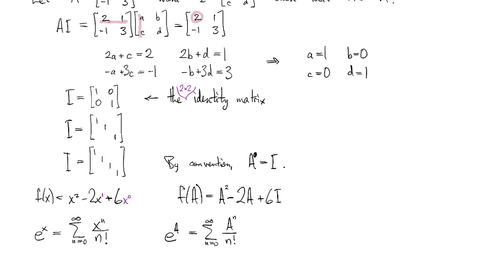So even if the left-hand side, e to the A, looks really strange and weird, and it's hard to imagine what it looks like, by looking at the right-hand side, you can see right away that this is some scalar multiple 1 over n factorial times some power of A, and we saw earlier how to compute those. So this term right here is going to be some square matrix.